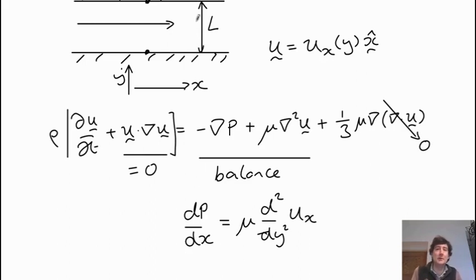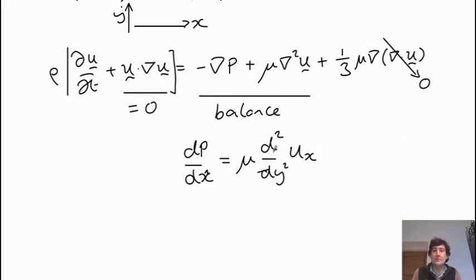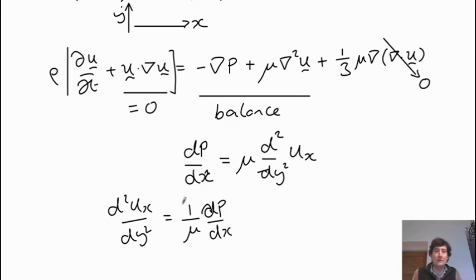And so pressure must be constant in y, and therefore dp by dx must also be constant in y. And so we have that the second derivative of ux, so d2 ux by dy squared is 1 over mu dp by dx. And this is all independent of y.